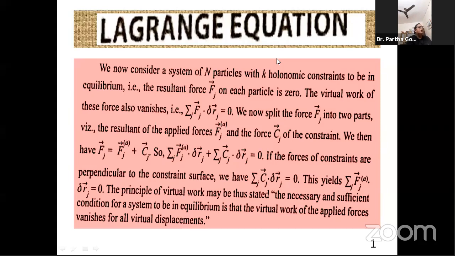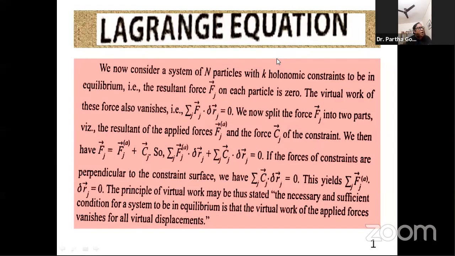A restriction which could be expressed in terms of an inequality, greater than, greater than or equal to, or less than or equal to, is called a non-holonomic constraint.